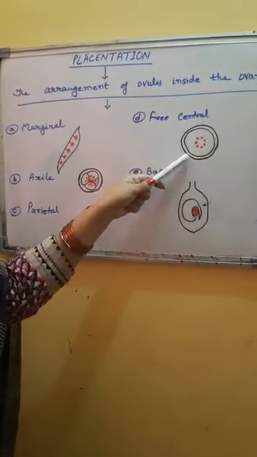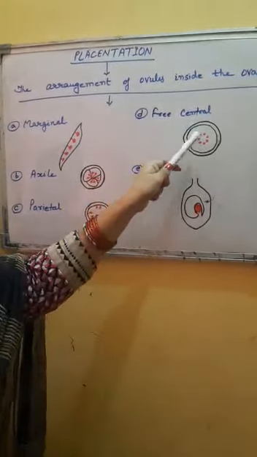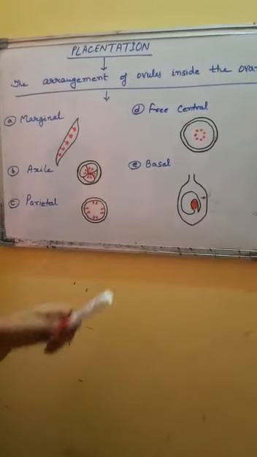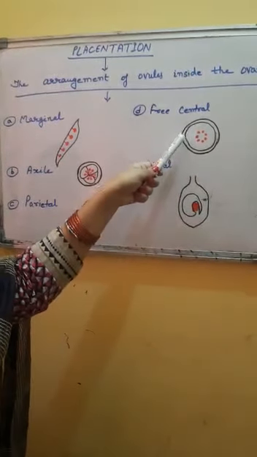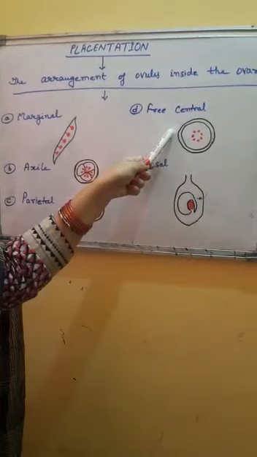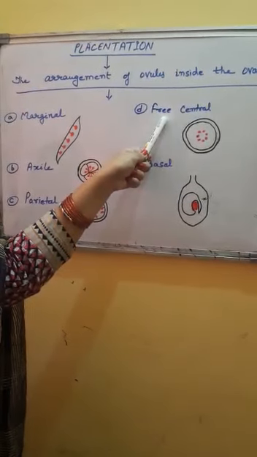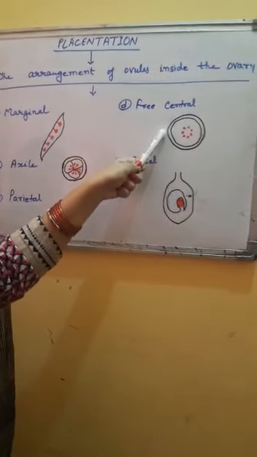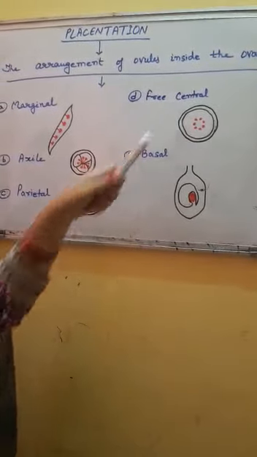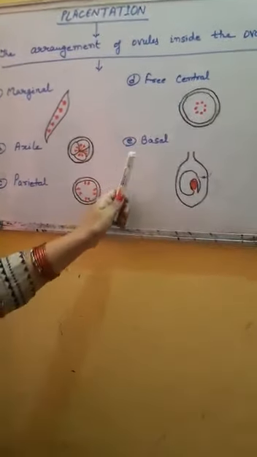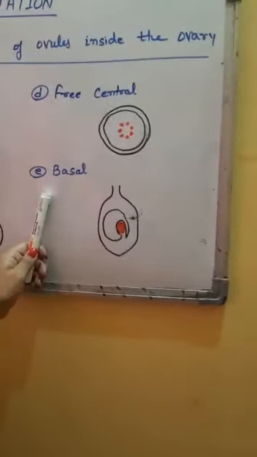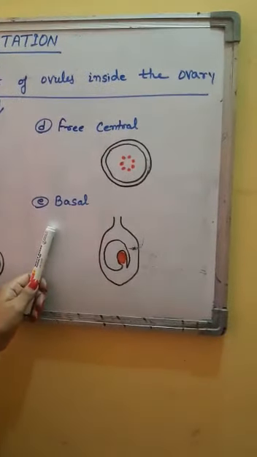But in the free central condition, that partition wall is absent. Ovules are present at the center. This is the free central placentation. An example is primrose.